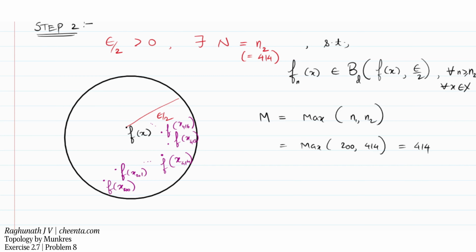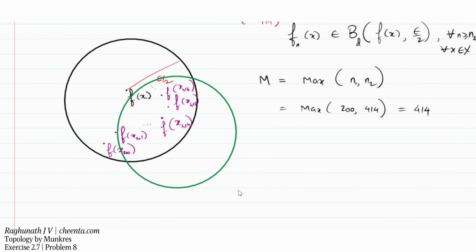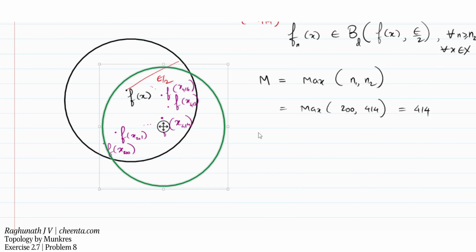Now you could see that around 414 we build an epsilon by 2 open ball, like this. Now obviously, by the definition of uniform convergence, the n2 value must be inside this ball.